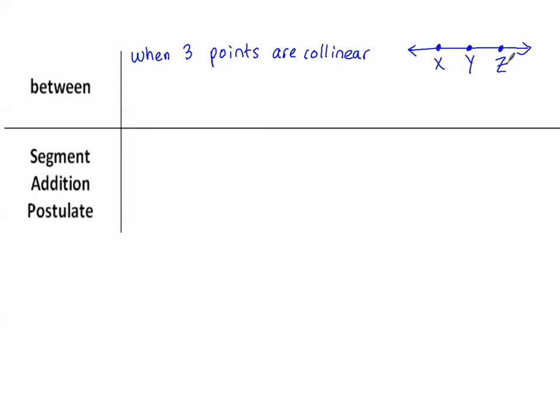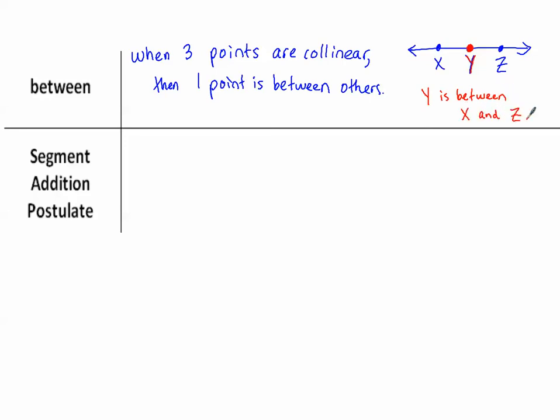Then 1 point we say is between the others. Which is the point that's between the other points? That's right, point Y. So we would say Y is between points X and Z, like that.